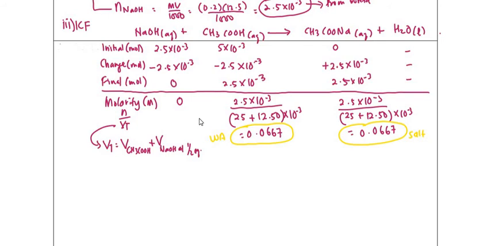Inilah molariti yang berbaki di dalam conical flask selepas neutralization reaction. Okay? So based on this, kalau kita tengok berbakinya ada dua benda, iaitu weak acid dan salt. Ini adalah campuran antara weak dan salt, menjadikan campuran ini mewujudkan buffer solution.